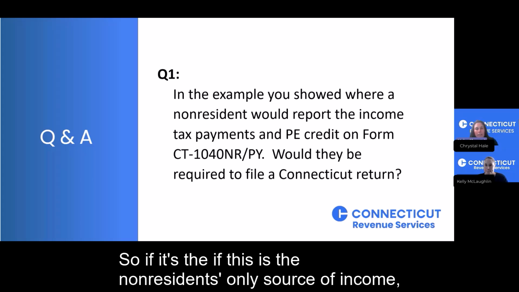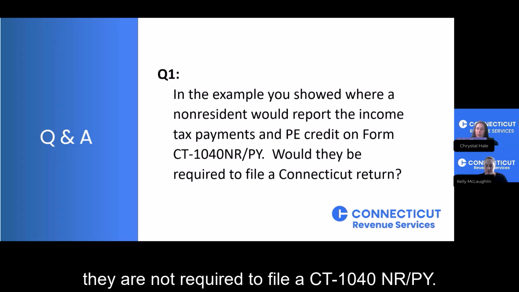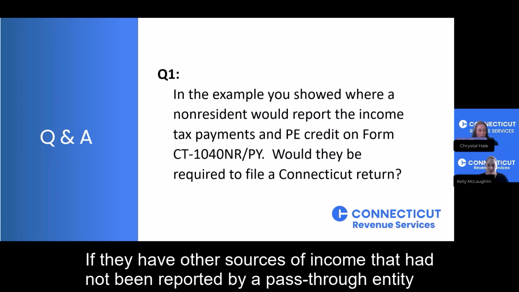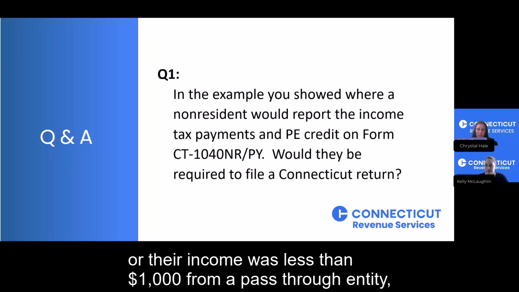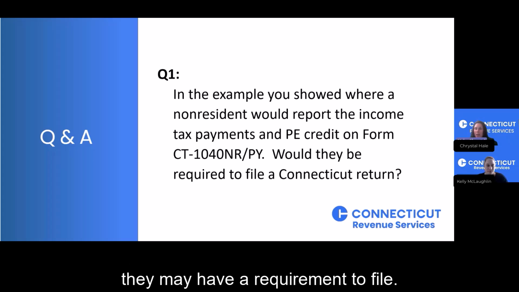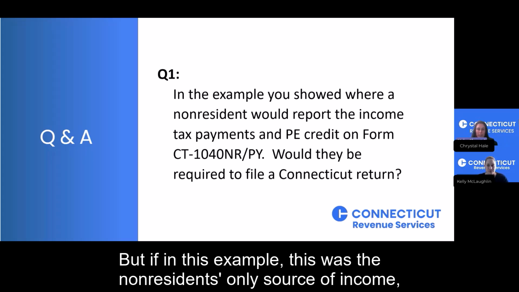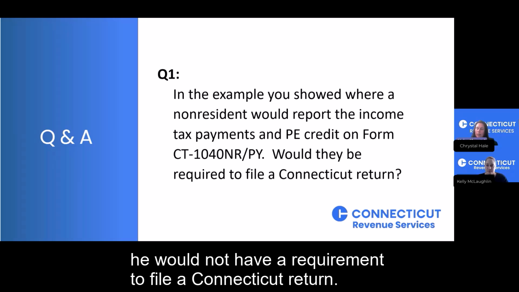So if this is the non-resident's only source of income, they are not required to file a CT-1040 NRPY. If they have other sources of income that had not been reported by a pass-through entity, or their income was less than $1,000 from a pass-through entity, they may have a requirement to file. But if in this example, this was the non-resident's only source of income, he would not have a requirement to file a Connecticut return.